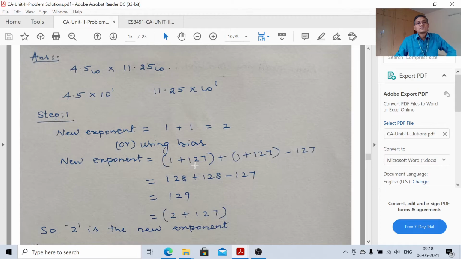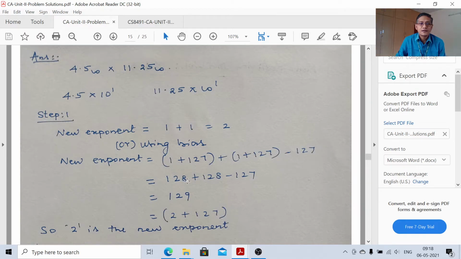So what is the bias for single precision format? It is 127, that we all know, right? The first floating point exponent is 1, so we add it with the bias: 1 plus 127. The second floating point number also has exponent 1, and that we also add with 127, minus the bias of single precision format, that is 127.